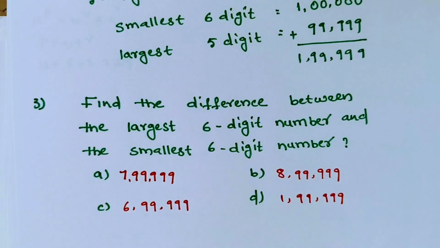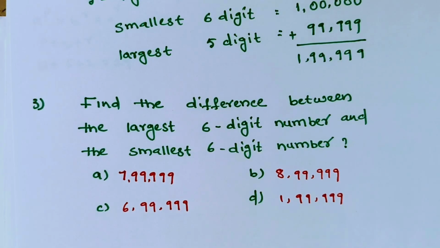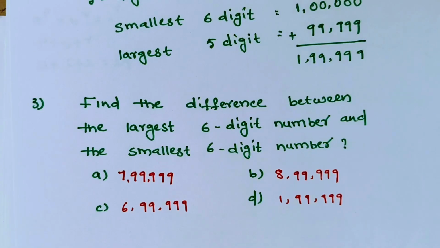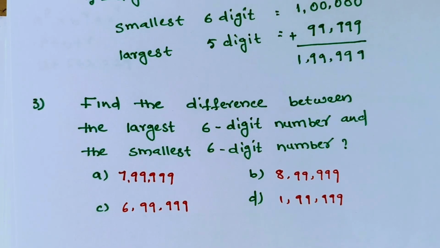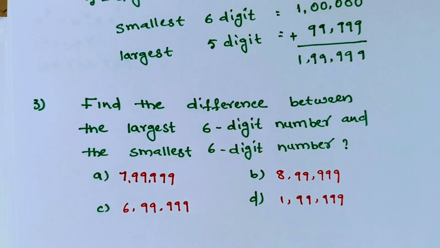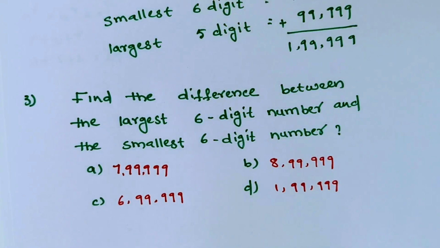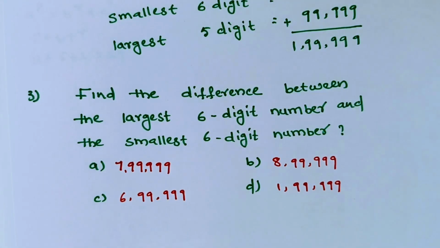Now see the third question. Find the difference between the largest 6-digit number and the smallest 6-digit number. See the options. What is the largest 6-digit number?